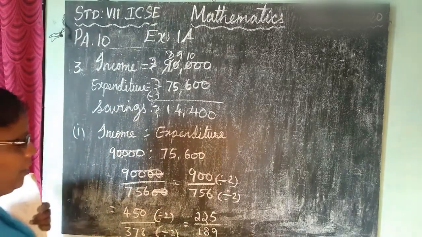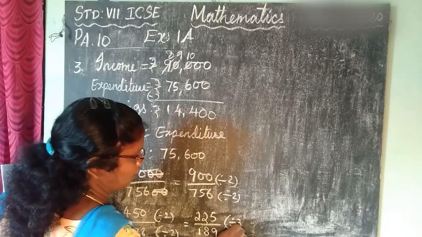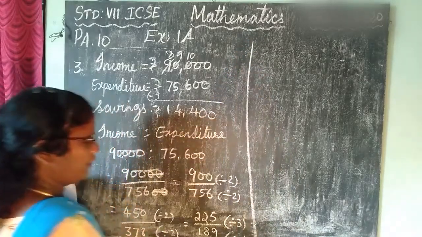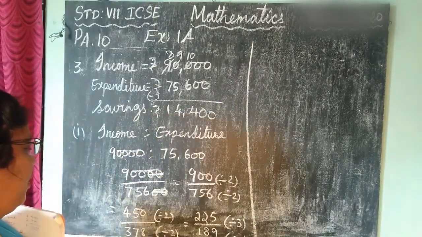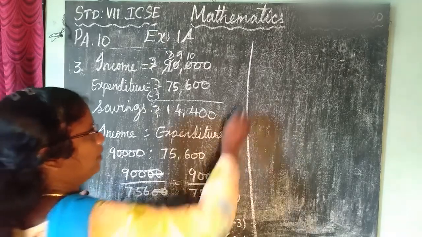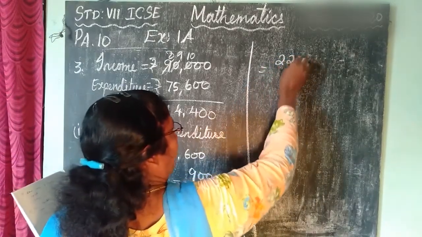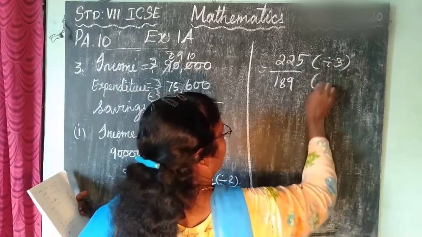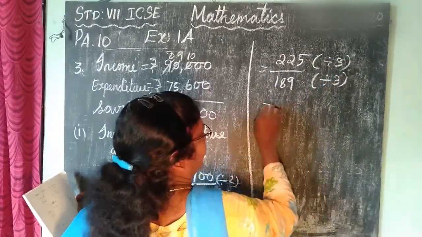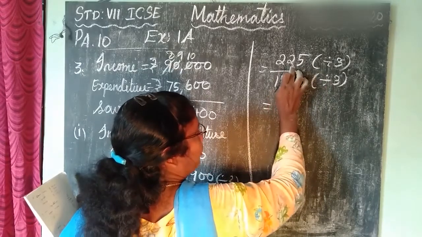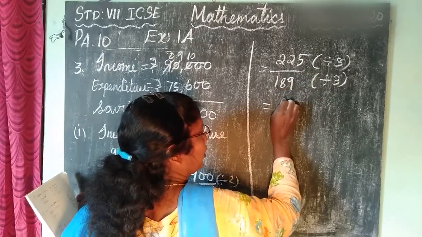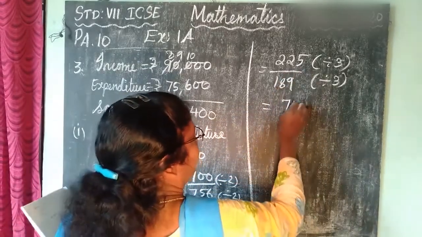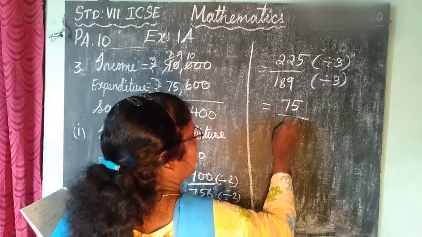This one can be divided by 3. This one can be divided by 3. So when we divide, what are we getting? 225 by 189 divided by 3. In 22, how many 3s do we have? 7 3s are 21. 5 3s are 15. 6 3s are 18.